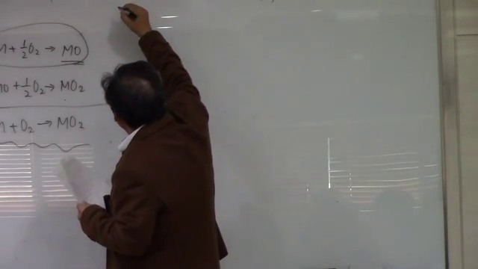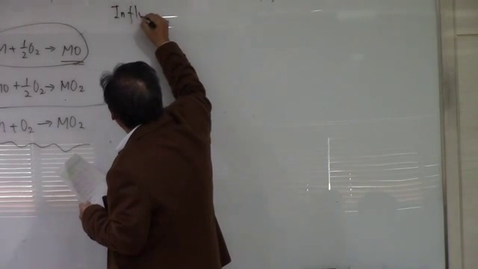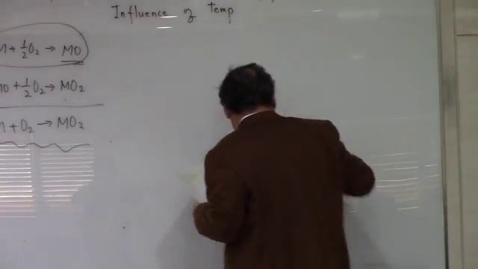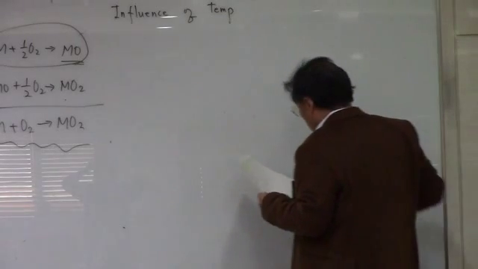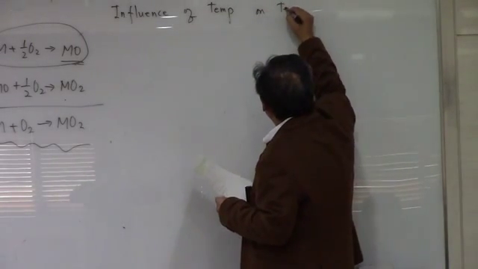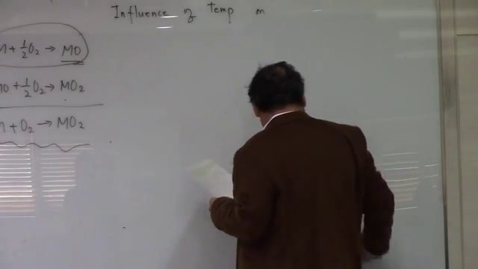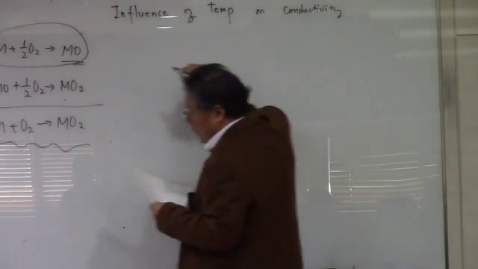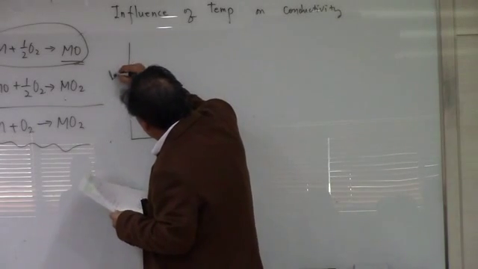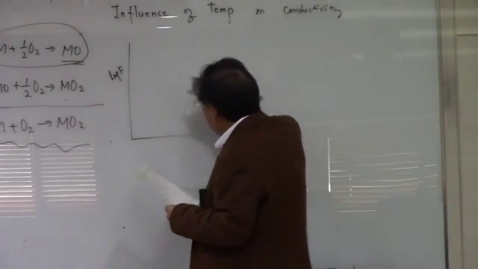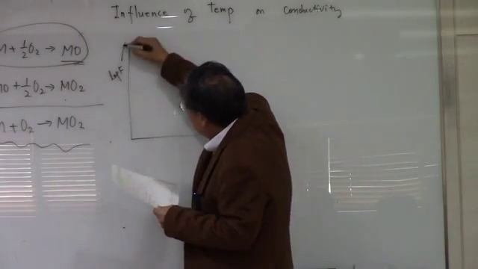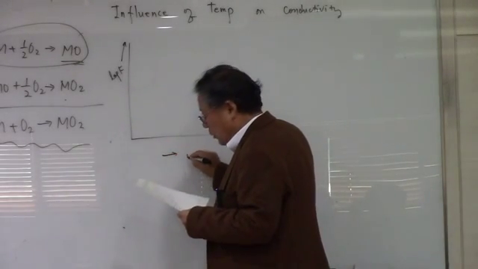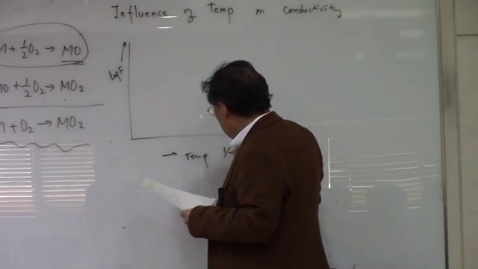And let me give you some discussions related to the influence of temperature on the conductivity. If you look at the defect equilibrium diagram carefully, what you can see is, the y-axis is the log sigma now, and this is the temperature, 1/T.